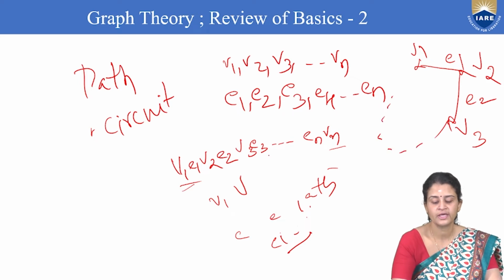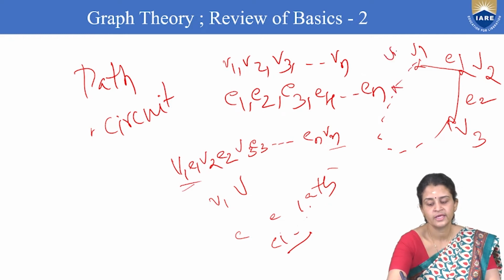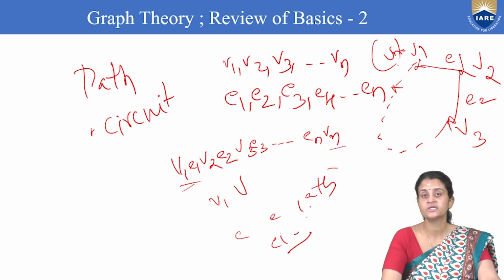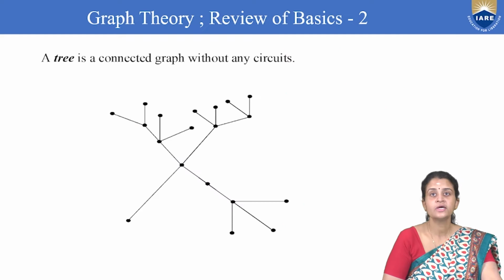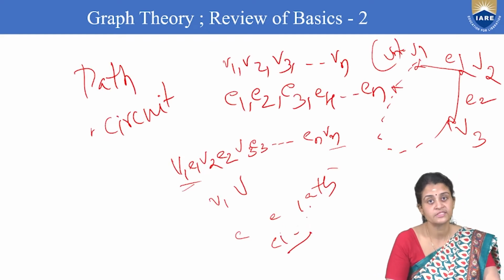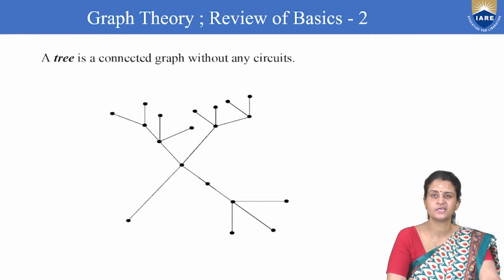When Vn equals V1, we get a closed path, which can also be termed as a cycle. So a circuit can also be termed as a cycle. So a tree is a connected graph without any circuits.